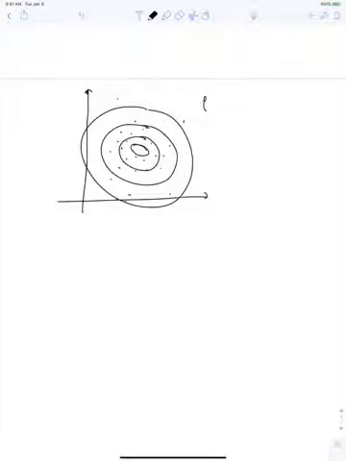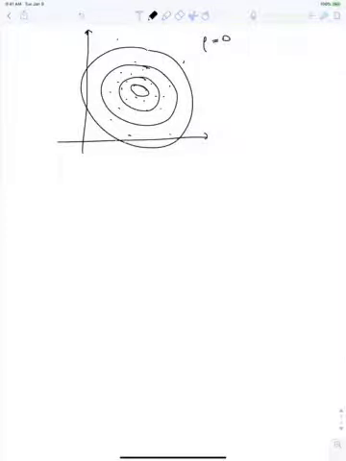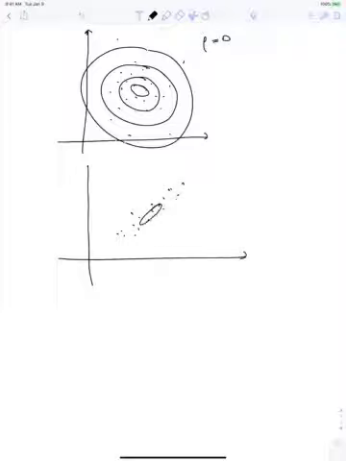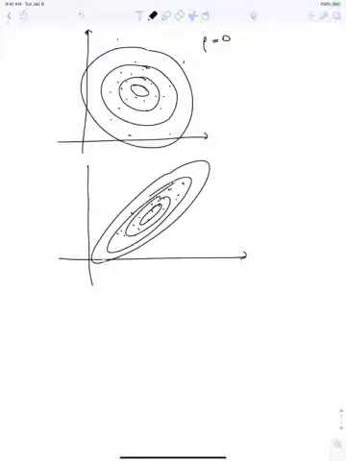So this is a case where the correlation is equal to 0. If I have dots that are aligned along a line where we can see a clear relationship, then the joint PDF is going to be something like this. This one is a case where we have correlation greater than 0. This could be something like 0.8.